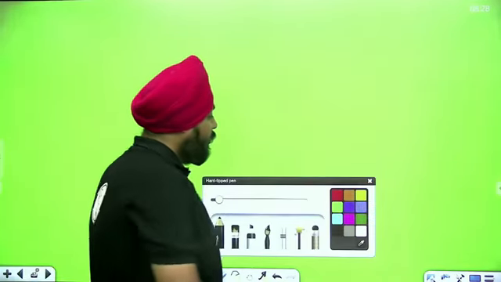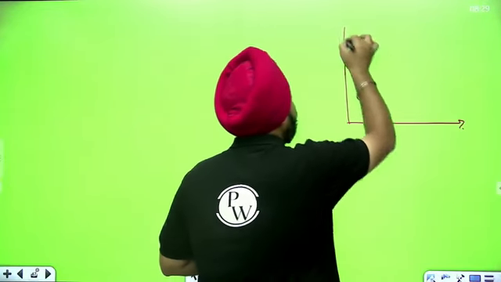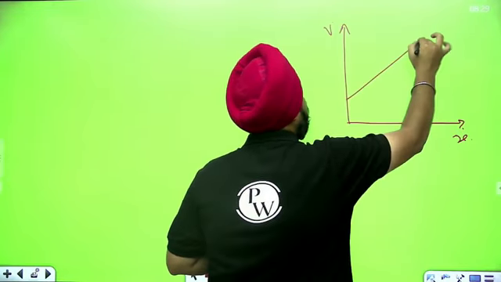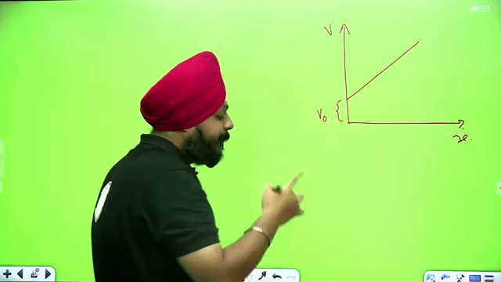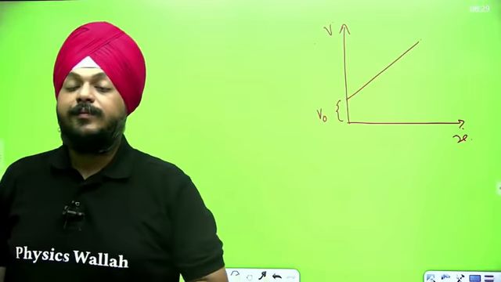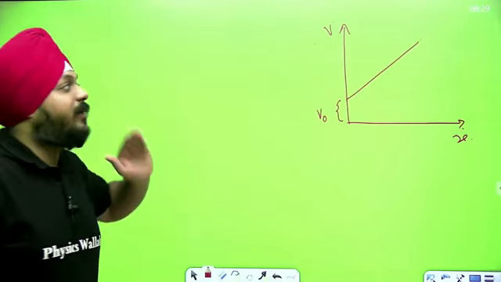So for that, let's solve one example. Suppose the v versus x graph is given.